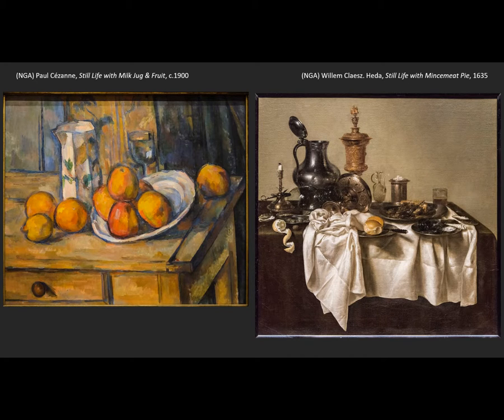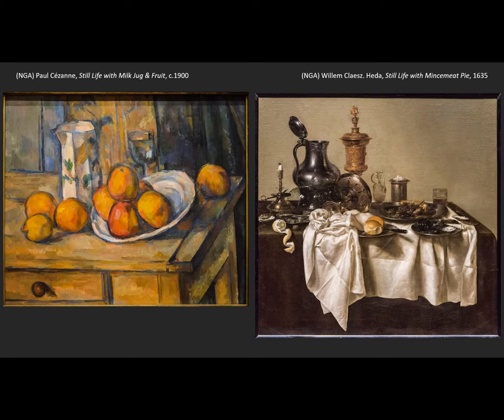The pewter dish is also upended, plates about to fall off. Life's precarious, right? Life can end, it's fragile. And one should think about that as one is going about their daily activity.